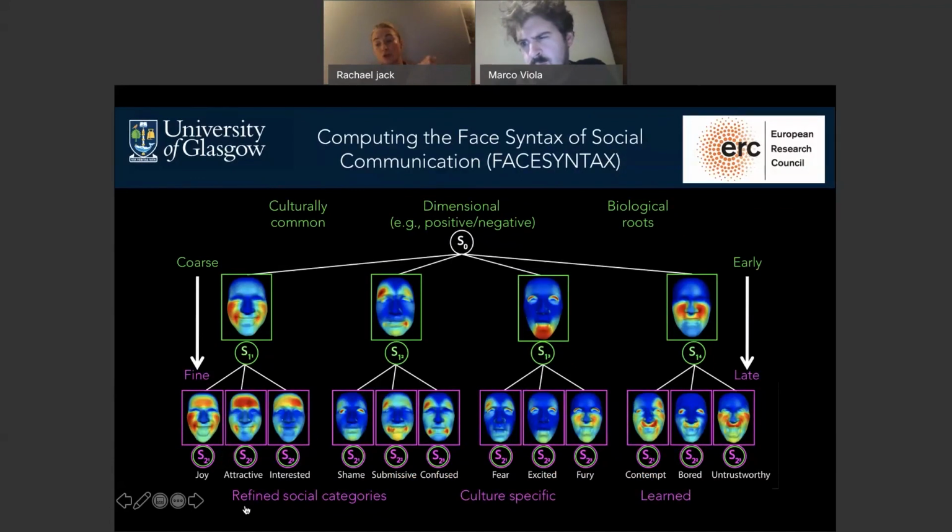But it can also inform the design of digital agents. So digital agents need some kind of recipe book. They need to be told which combination of action units to use and how to combine them, in what temporal order, at which intensity, with what sustainment, etc. They need a quantitative model to be able to do that. And so the models that we derive can be directly applied to the design of socially interactive digital agents.